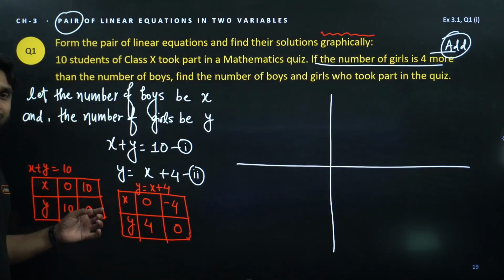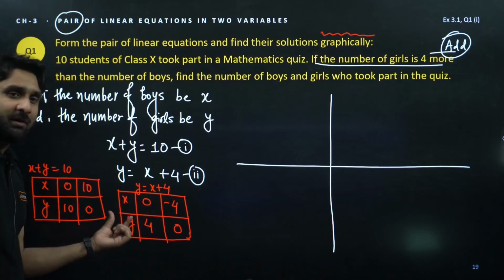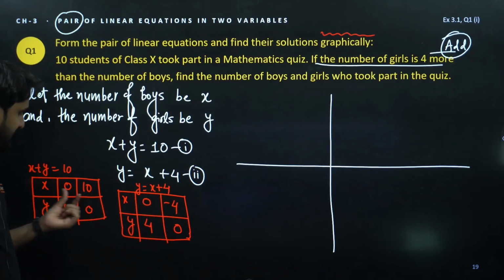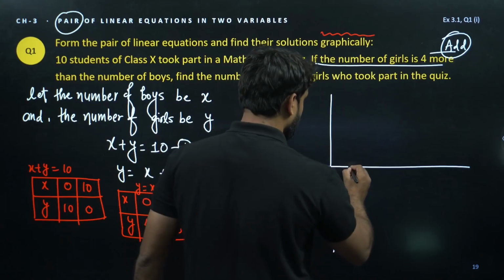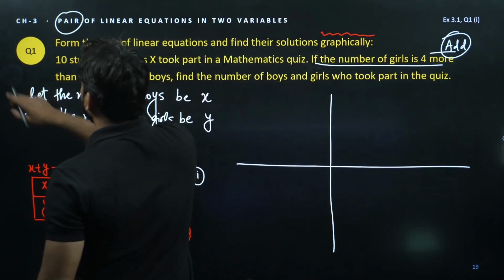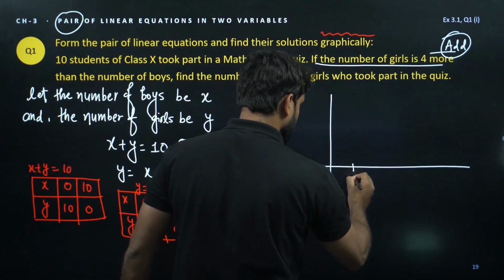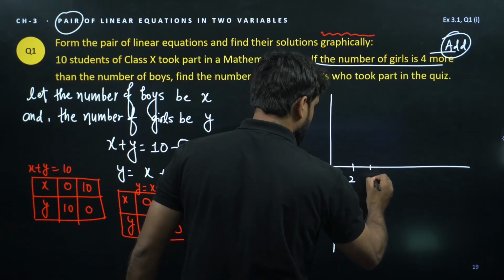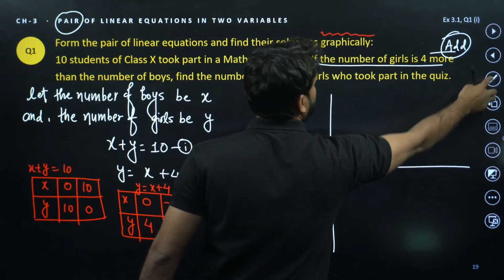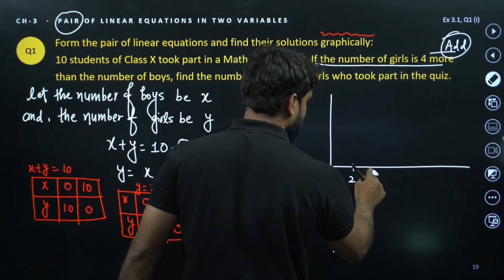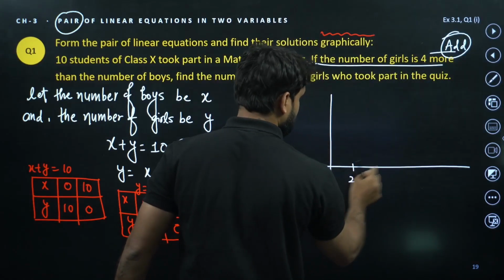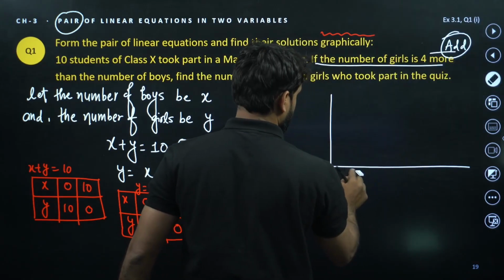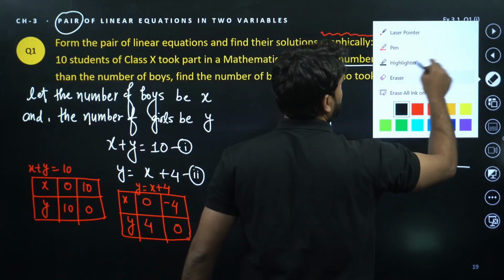Now my dear, select the scale according to the numbers. The lowest number is 4 and the greatest number is 10. So let's draw a scale of 2. The gaps should be equal, because one mistake can destroy your result.